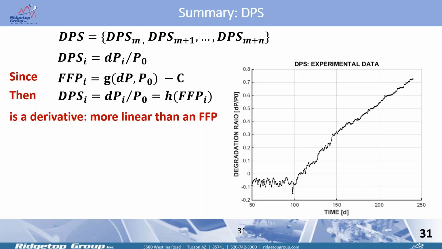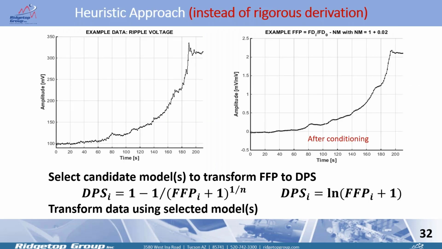And that function depends upon what the original model was. But it's a derivative, and therefore it is more linear than the FFP, and you can see that, okay? It looks the same, it's got the same kind of curve in it, but it's no longer totally curvilinear.